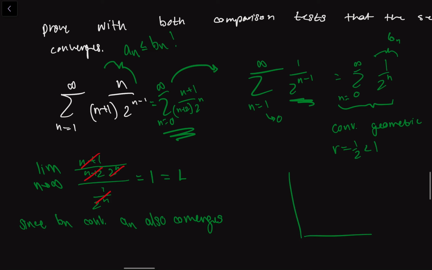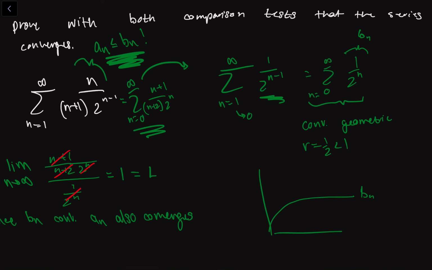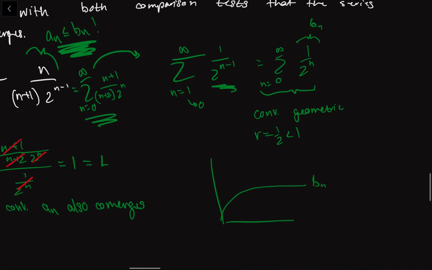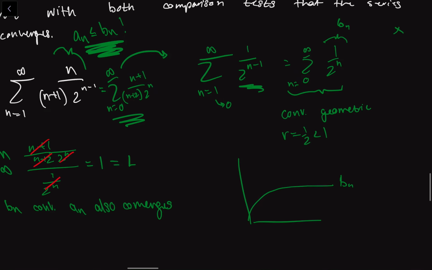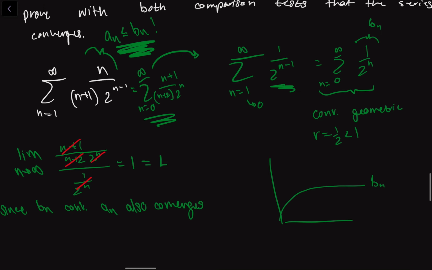The direct comparison test, we know that b sub n converges like this, right? And like I said, we want a sub n to be less than b sub n. Is it? There's a few ways you could plug in the two functions into your calculator, honestly. Well, you can't plug them in because then you'd have to sum them up in your calculator, so it wouldn't quite work.